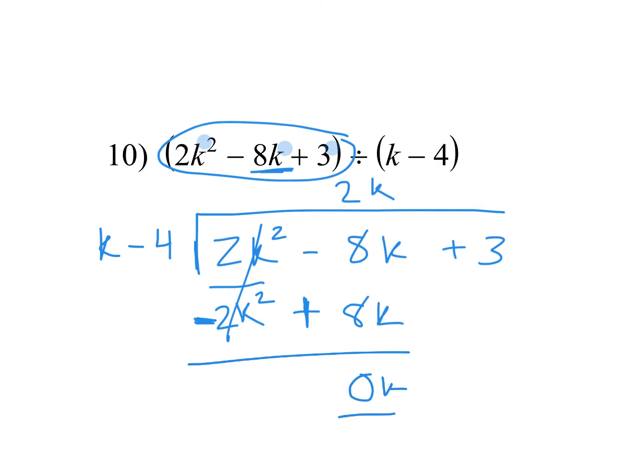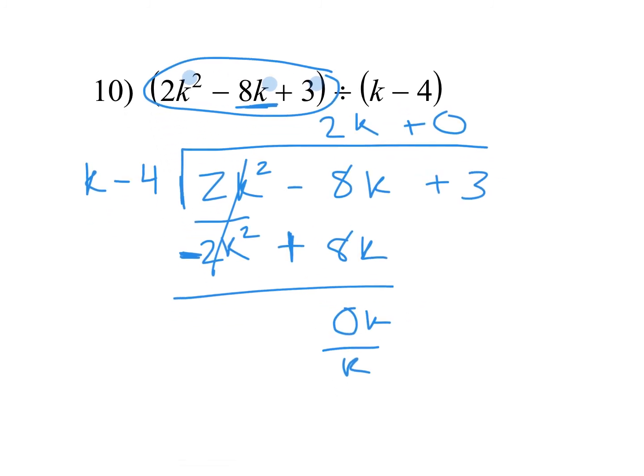So then we divide, what's 0 divided by k? What's 0 divided by anything? 0. And then once we divide, we multiply. So it's 0 times k? 0.